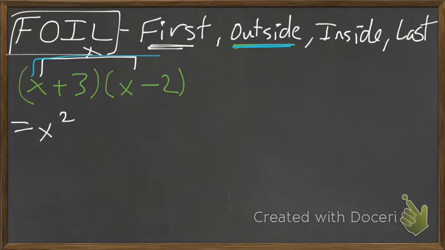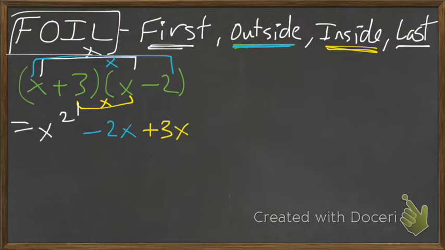So my outside values, let's multiply those together. I'll have negative 2x. Inside, let's do that in yellow. Plus 3x, because I have 3 multiplied by x. And then the last value: 3 multiplied by negative 2. That should give us negative 6.